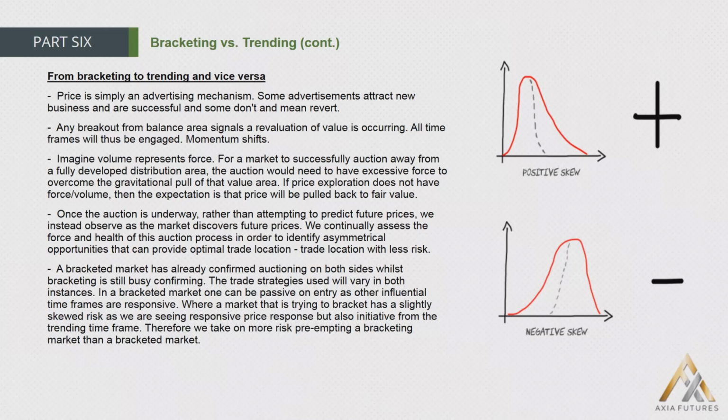Now, at this point, when we start to break out of, say, a bracket, all time frames are engaged. Why? Because we should only see initiative type response once we extend beyond the bracket's parameters. Crucial to understand, because when you do get the breaks of these sort of bracketed areas, you're going to get repositioning or new business, new positioning in the market. And that's why sometimes the breaks can look extremely aggressive.